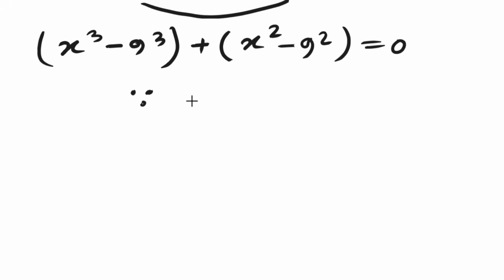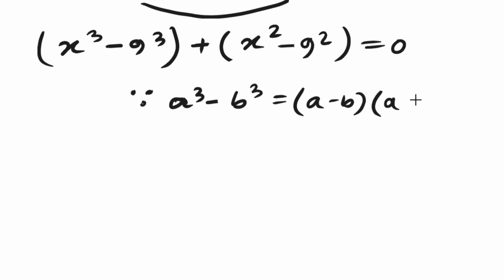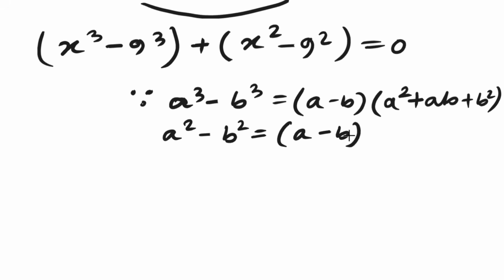The first identity is a cubed minus b cubed equals the quantity a minus b multiplied by the quantity a squared plus ab plus b squared. The second identity is a squared minus b squared equals the quantity a minus b multiplied by the quantity a plus b. Here, a is x and b is 9.